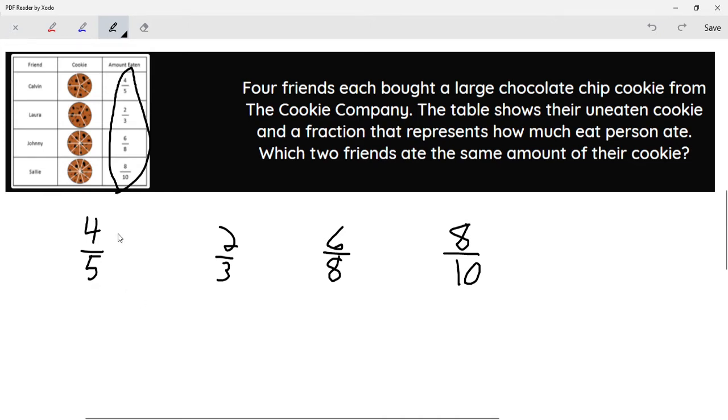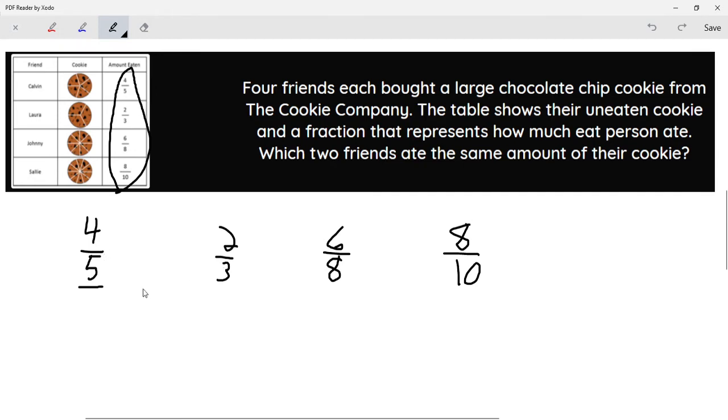So we can go through it, and I would say the best thing you can do is you just start on a fraction. So I'm going to start right at the beginning, 4/5, and then go through and see if it's equivalent to any of the other fractions.